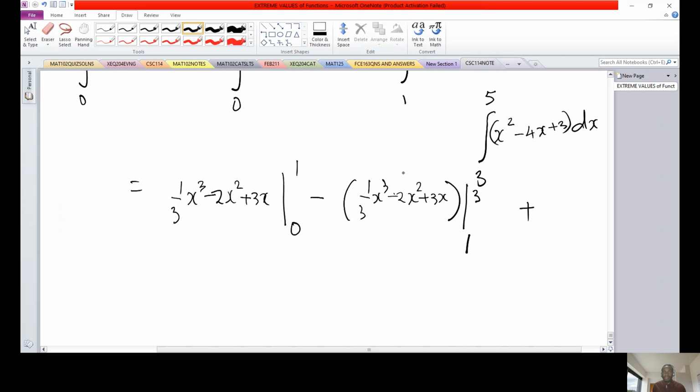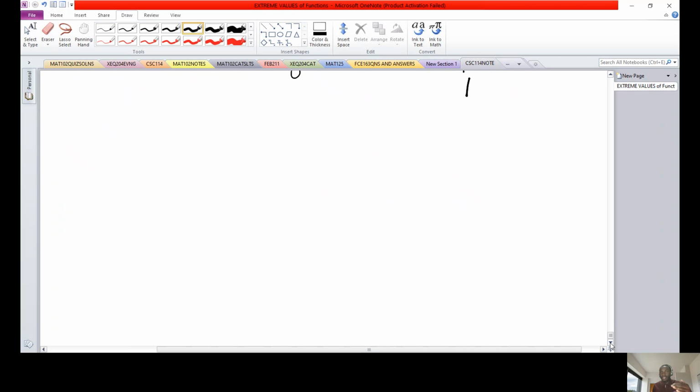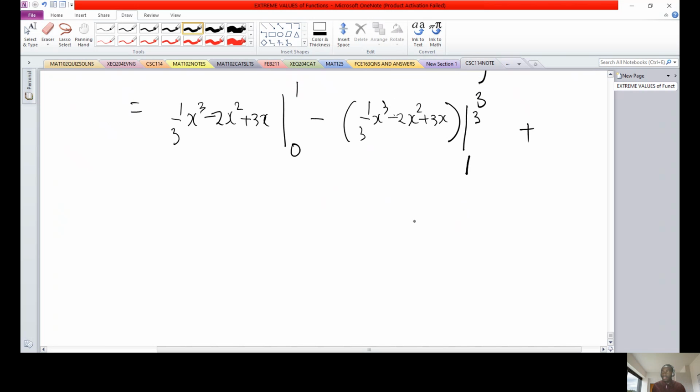Remember, we're putting this negative because the second integral was defined by formula 2. And then plus the last one, a third x cubed minus 2x squared plus 3x, and we apply the limits from 3 to 5.